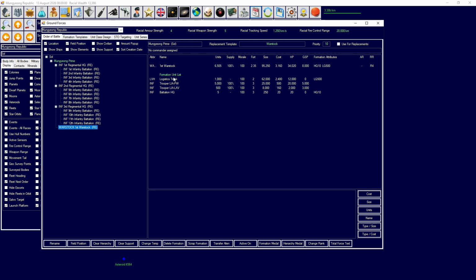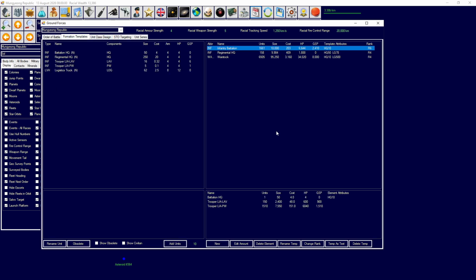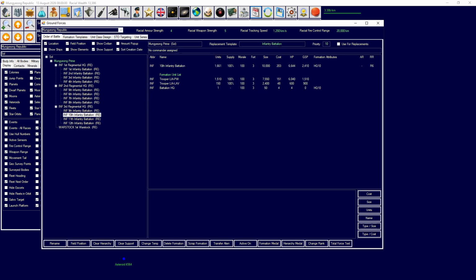Okay. Each formation has a replacement template. This replacement template starts as their default template that they have. So in this case, we have these formations over here, which we have a look at. This formation is a full formation. The replacement template is infantry battalion, and that's based on this number. They will replace that battalion. You can change their replacement battalion down here, on change template.